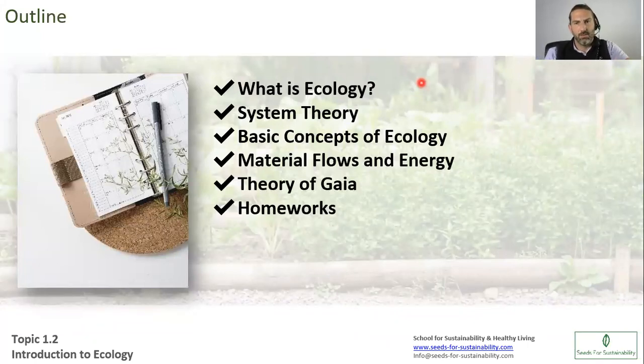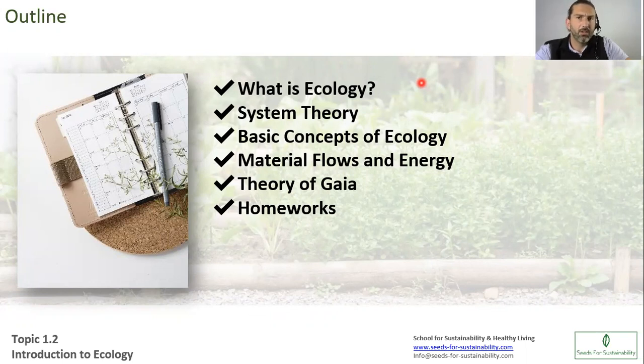We will give you a little definition and then dive into one of the very important components of ecology that we think about: ecosystems. So first we need to define what is a system. And we look into systems theory and different concepts around systems.